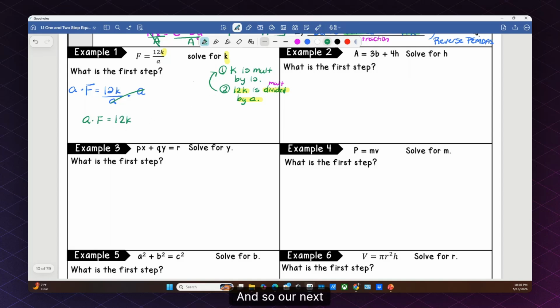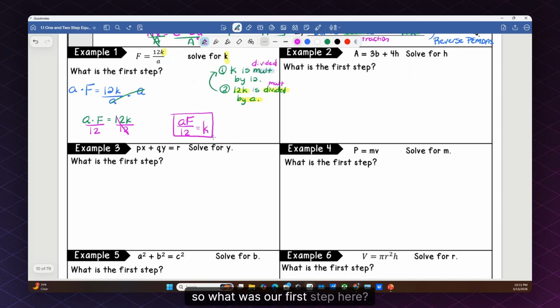And so our next reverse step here was k is multiplied by 12. Well, the inverse operation for that is going to be divided, right? So 12 times k, we're going to divide by 12, divide by 12, 12 cancels, and we get af divided by 12 equals k.